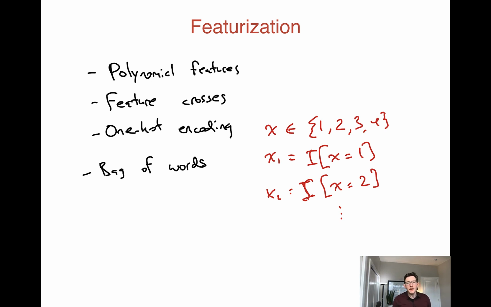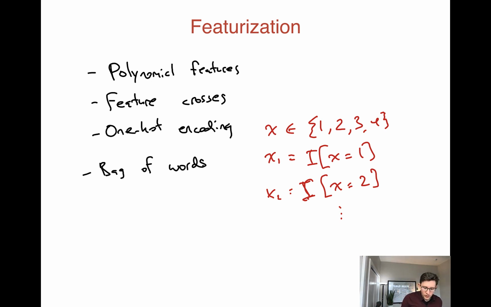Something that works much better is a bag of words featurization, which is that instead of what I just said, I have a vector with one feature per word in the English language. So I end up with a couple thousand features, and the value of that feature is the number of instances of that word in that document.